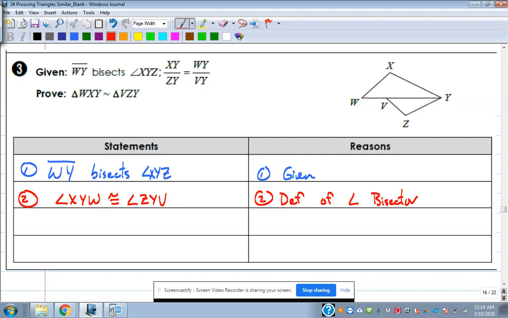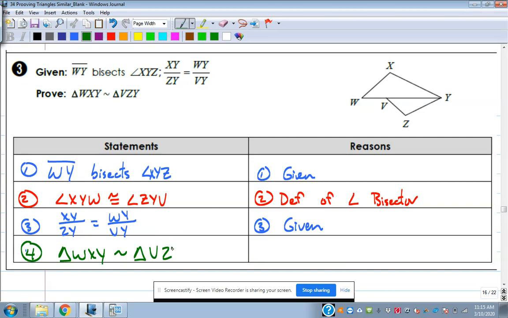And then I'm going to use the other given part: XY over ZY equals WY over VY. And that gives me a punchline that triangle WXY is similar to triangle VZY by what? Side angle side similarity.